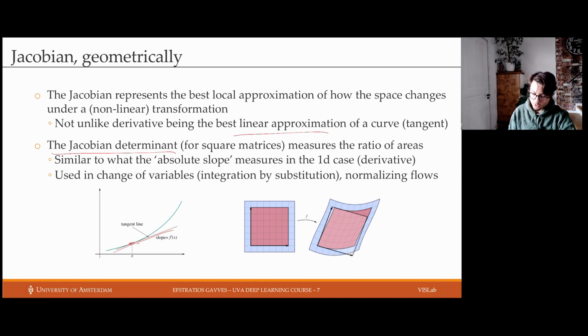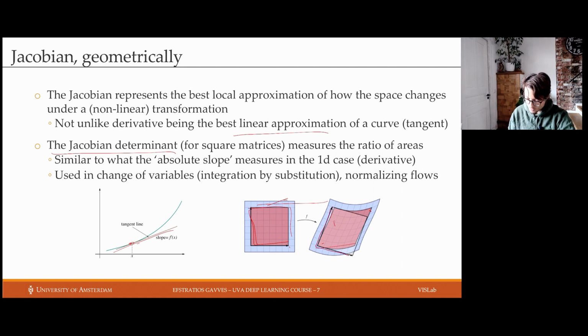Specifically, the Jacobian determinant computes the ratio of the areas before and after the nonlinear transformation. The blue area here represents how the input space changes. The red box here is the unit square, and in this picture it represents how the unit square changes after the nonlinear transformation.